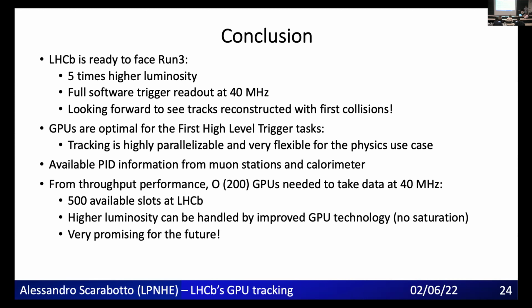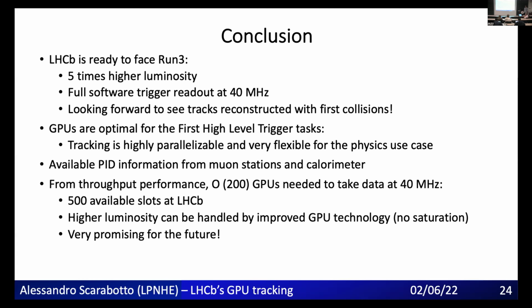We need to select events, going from 40 megahertz to 1 megahertz, and then we send this 1 megahertz to HLT2. In HLT2, we have way more time, so we can reconstruct more different types of tracks, and also use, for example, particle identification information. So let's say we call it partial reconstruction and full reconstruction. This is the difference.